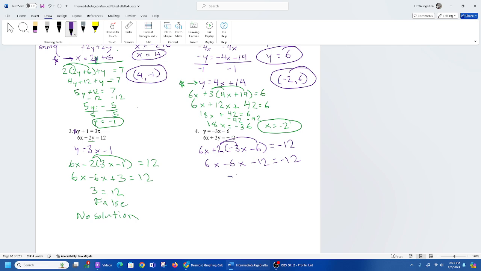Combine like terms and we get negative 12 equals negative 12. Now this is actually a true statement. If it's true, that means that these are actually the same line. If it's the same line, then there are infinite solutions.